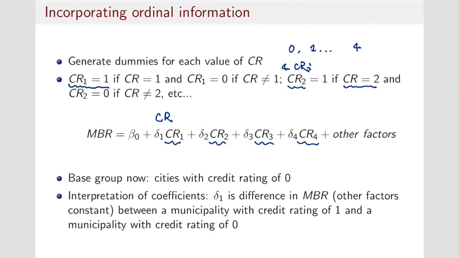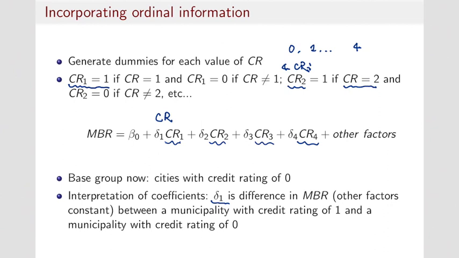The base group now is the cities with a credit rating of 0. If a city has a credit rating of 1, then CR1 will equal 1, and all other dummy variables will equal 0.